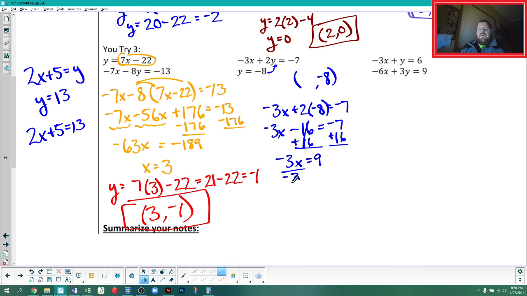Divide by negative 3. And we get that x is equal to negative 3. So the point where those two lines cross is actually negative 3, negative 8. I don't have to go back and solve for y because they already told me what y is.